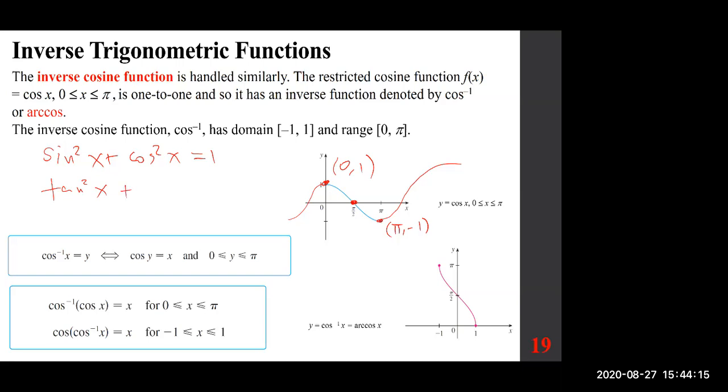Cosine squared over cosine squared is 1. And 1 over cosine squared is secant squared. So that's another Pythagorean identity. And if you divide by sine squared, you get 1 plus cotangent squared equals cosecant squared. So those are the identities.